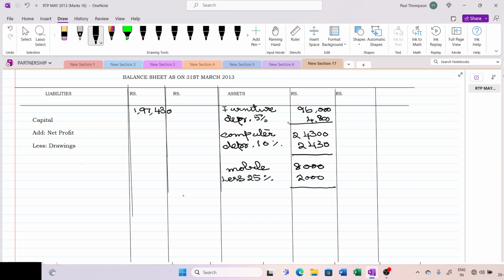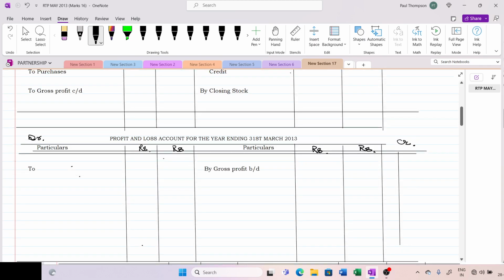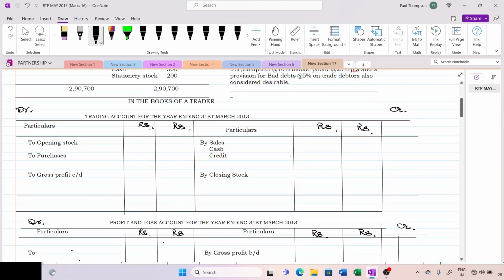Okay, now next item is stock. This is the opening stock. This will go to our trading account. Opening stock 89,500. Okay. Next item is debtors.